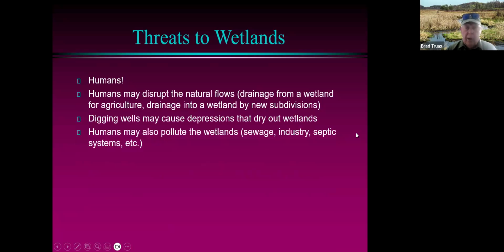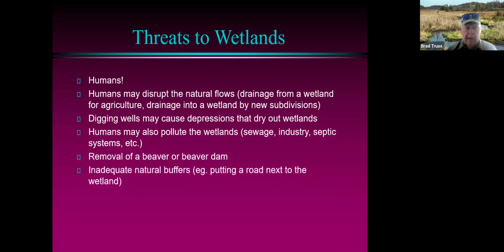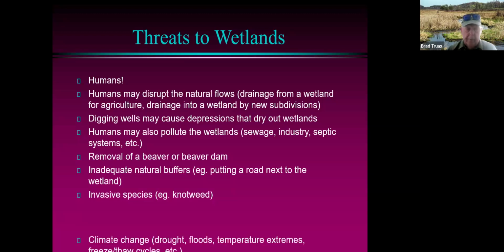And humans also pollute the wetlands through sewage or through industry, septic systems, etc. And humans sometimes will remove a beaver or remove a beaver dam, and that has a bad impact on the wetland ecology. And there are inadequate natural buffers. So, for instance, if you put a road next to a wetland, that has a negative impact on the wetland. And then, of course, there are invasive species like knotweed.